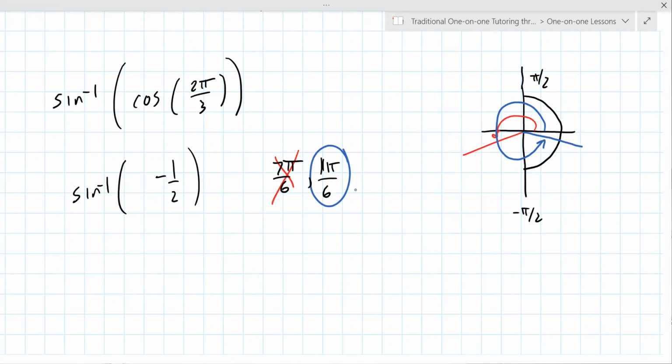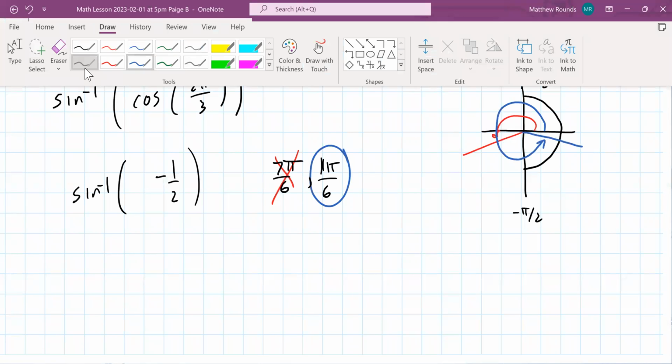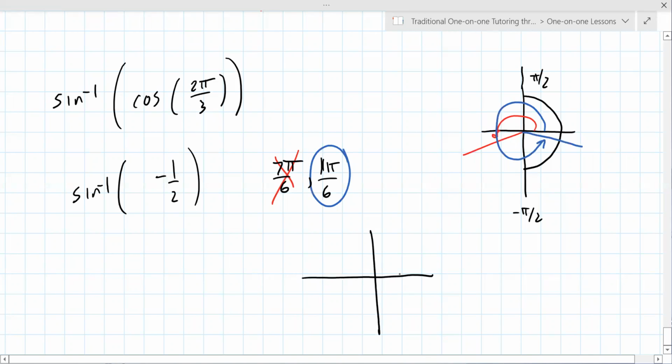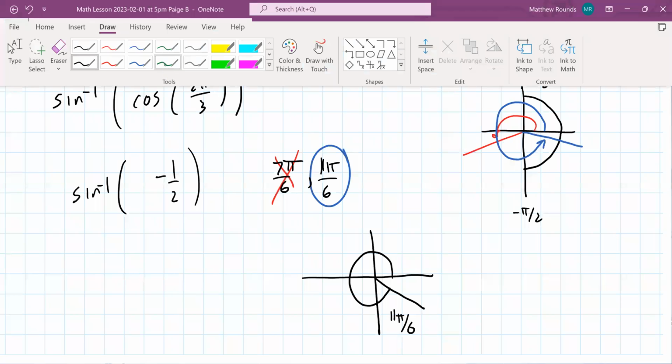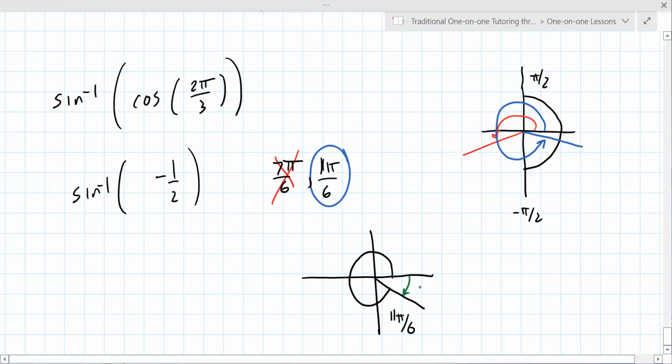But you have to also know that there's another way to get to 11 pi over 6. There is the positive way, which we just did, that's 11 pi over 6. But there's also the negative way. If you go backwards, minus pi over 6, do you see that you also get to the same place?